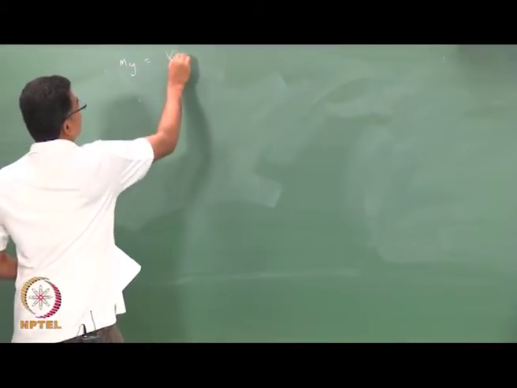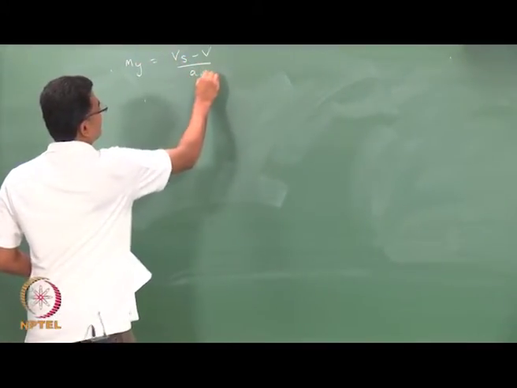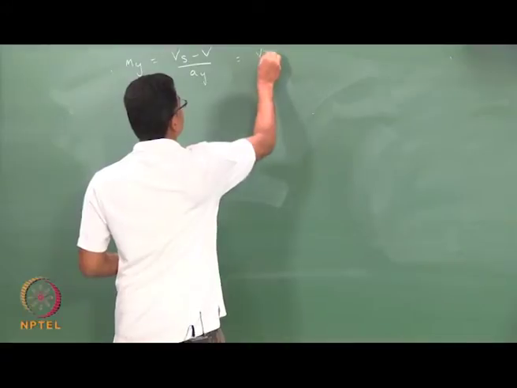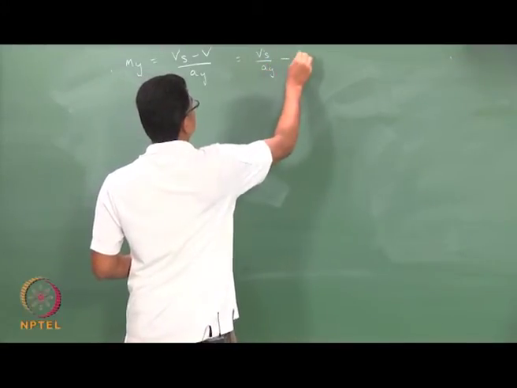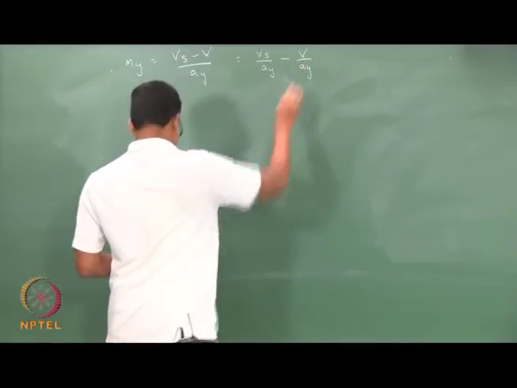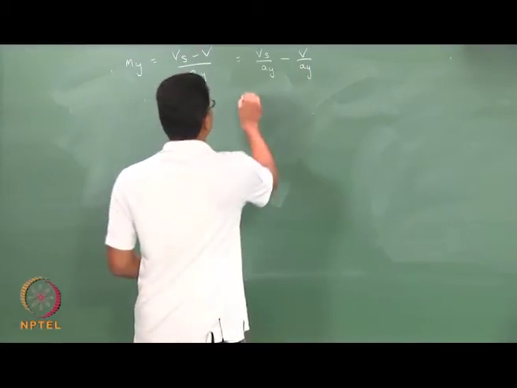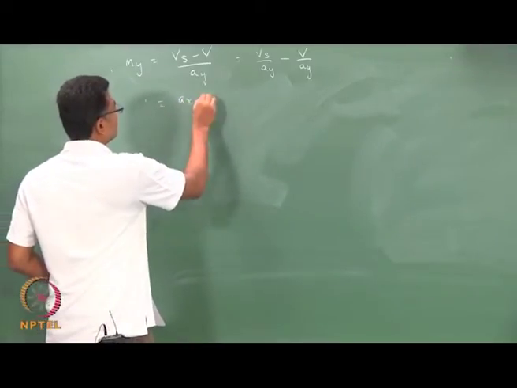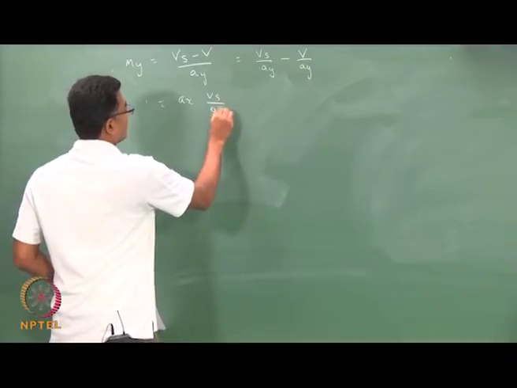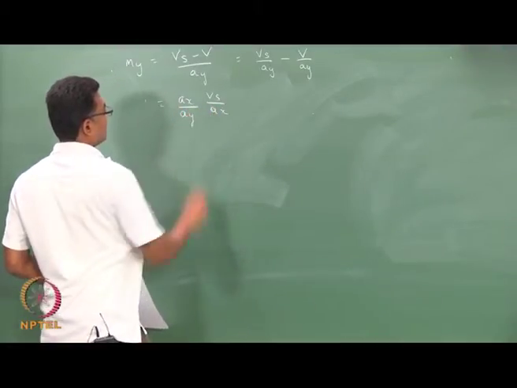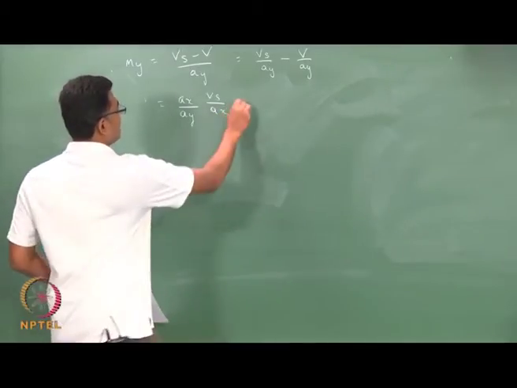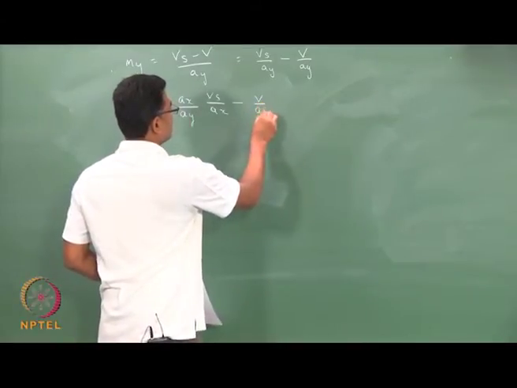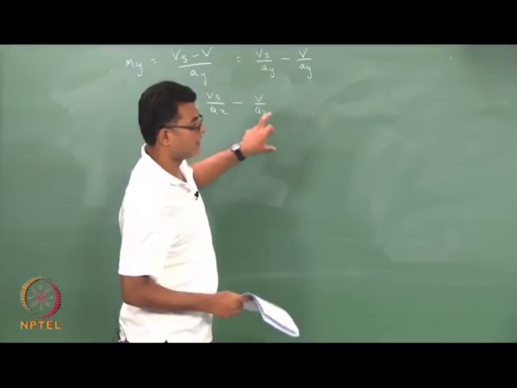So, my My is Vs minus V by Ay, which is Vs minus V by Ay, which I multiply by Ax, minus V by Ay is V by A2, V by A2 is my M2.